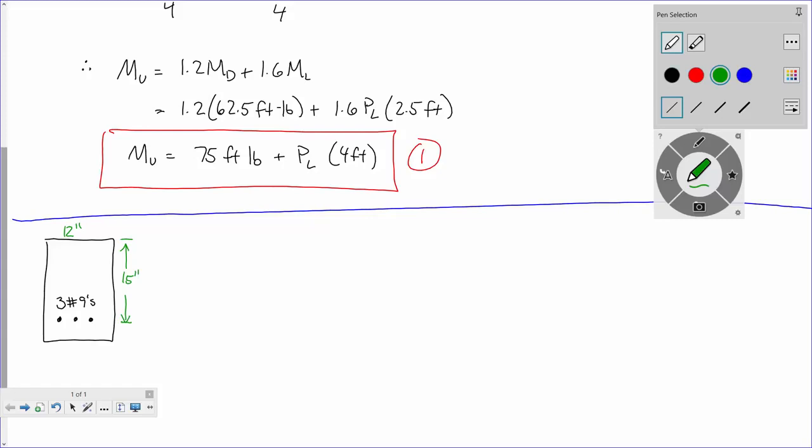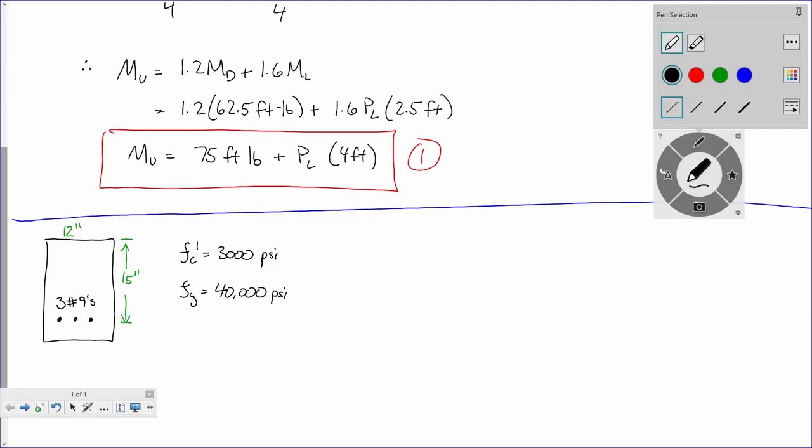Now we were also provided with f'c is 3,000 PSI, and we were provided with fy is 40,000 PSI, right?